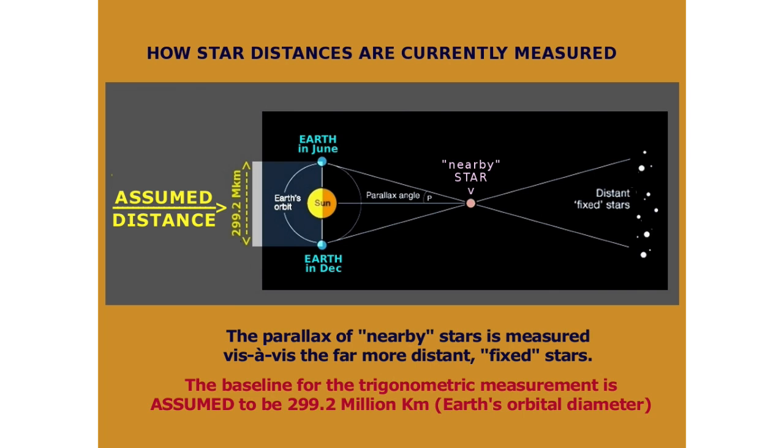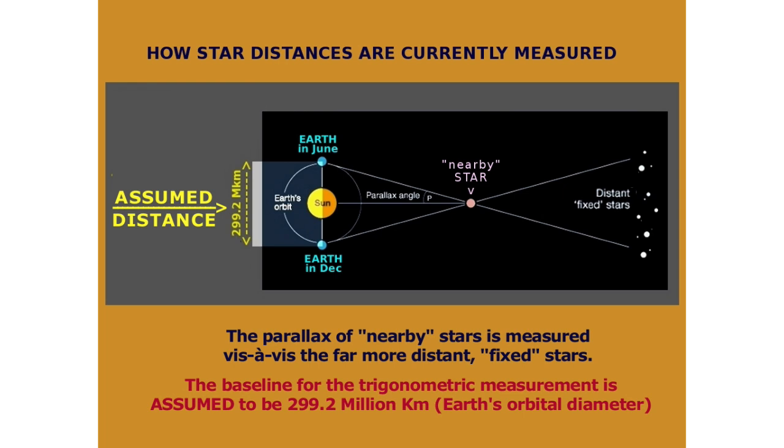Well, if the baseline is not 300 million kilometers, but in 6 months, as I'm claiming in my TYCHOS model, we're moving only by 7,000 kilometers, 7,018, but 7,000. So 7,000 is about 42,000 times less than 300 million, okay?